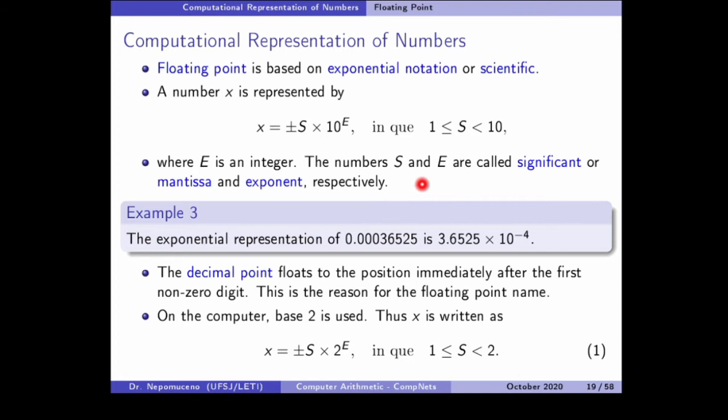The numbers s and e are called significand, or mantissa, and exponent, respectively. The first step to make an exponential representation is to put the dot after the first integer different from 0. The decimal point points to the position immediately after the first non-zero digit. This is the reason for the floating point name.